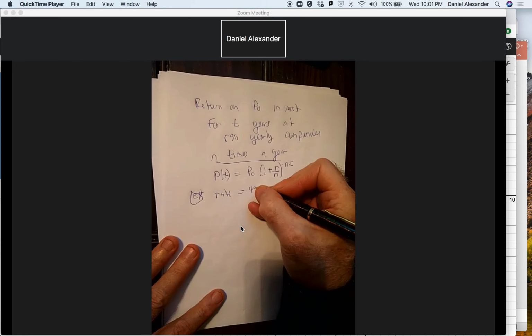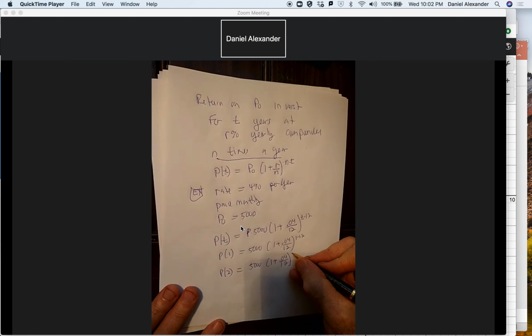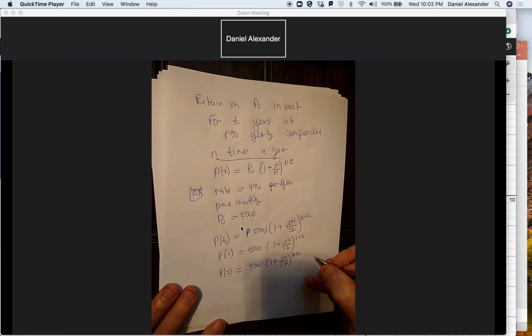So P of 1 would be equal to 5,000 times (1 plus 0.04 over 12) to the 1 times 12, or just 12. 12 interest periods over 1 year. For 2 years, it would be 5,000 times the same interest. This is how much per payment. And then it would be 2 times 12, or 24.